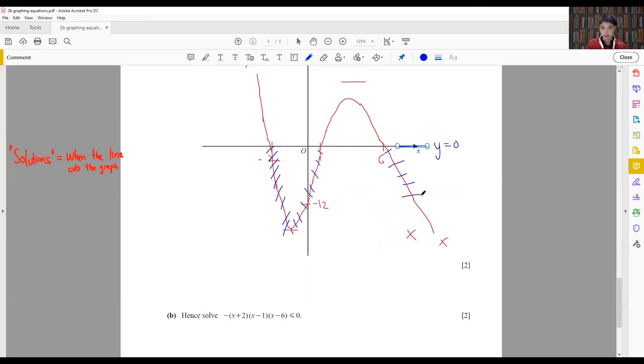Okay, so our two inequalities are going to be when x is in between +1 and -2, or when x is more than the value 6, then these are the times when the values are less than 0.